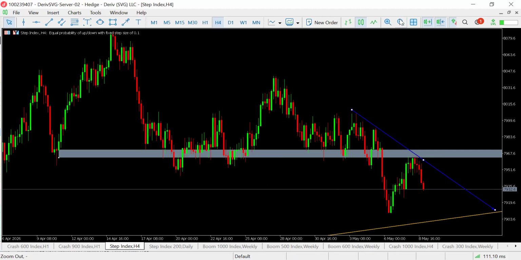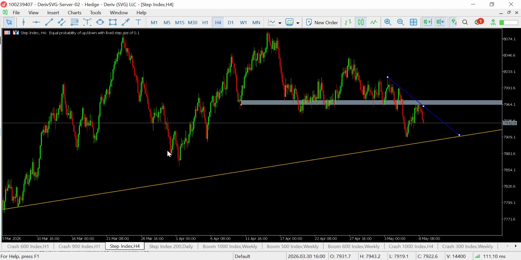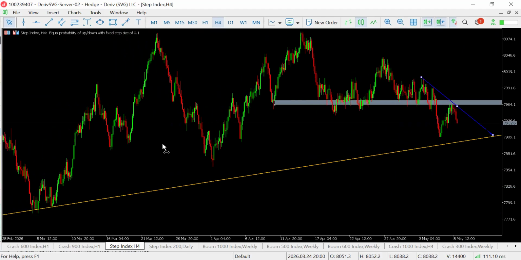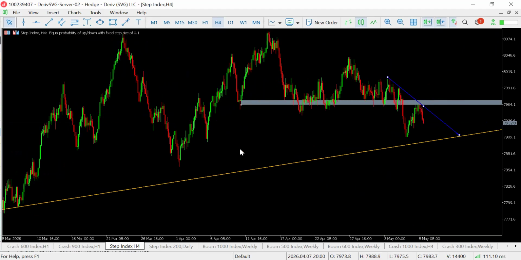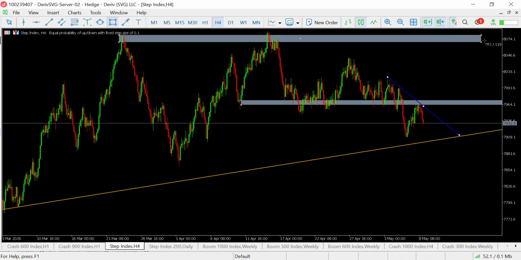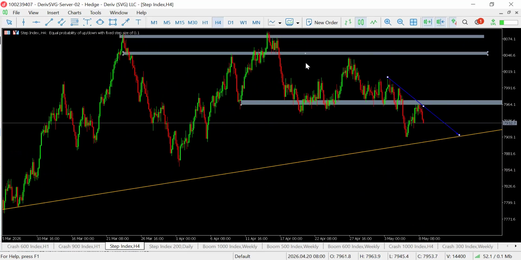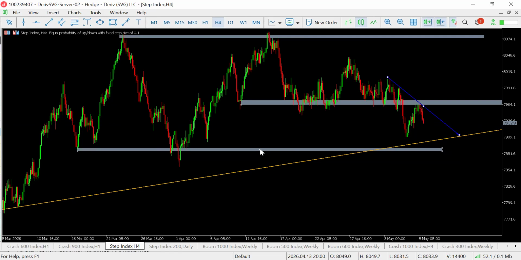Remember, we're looking at the range that we saw from the daily time frame. Or let me just put that back in between this level and this level.